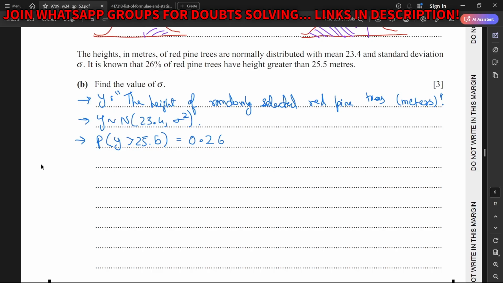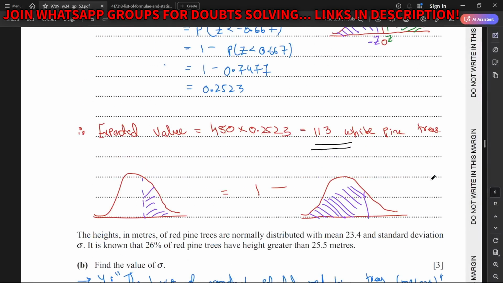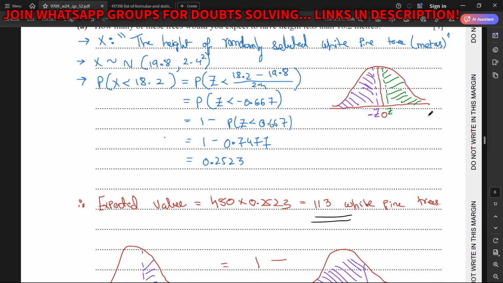So over here, if I try to draw a diagram, I'm drawing the diagram not for z but for y. On the above scale, I was always drawing for the standard values z.